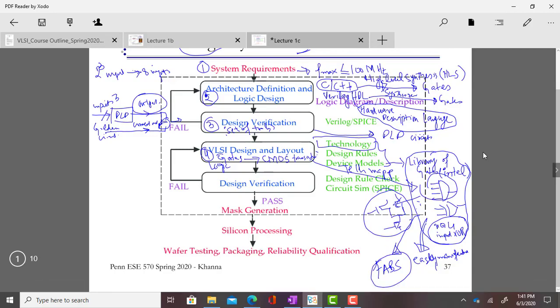Then the next step is layout. This layout is about the creation or generation of the mask.